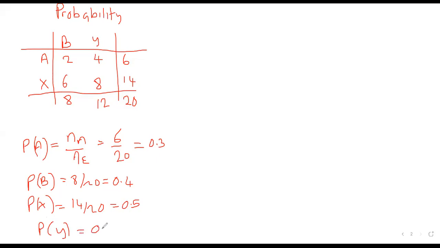Then we go to intersection. How do you find the intersection of A and B? Where they meet, A and B, over the grand total.